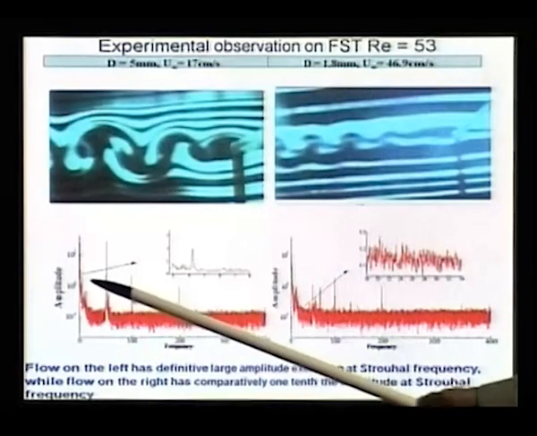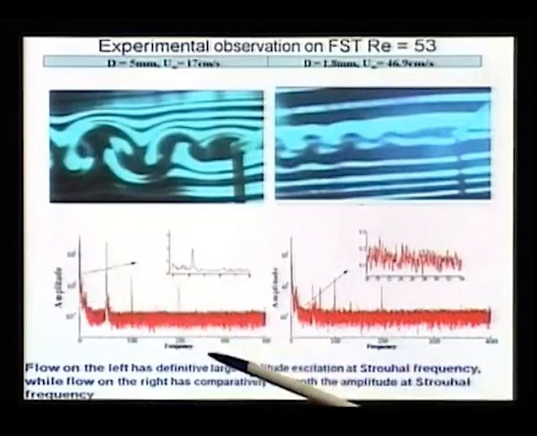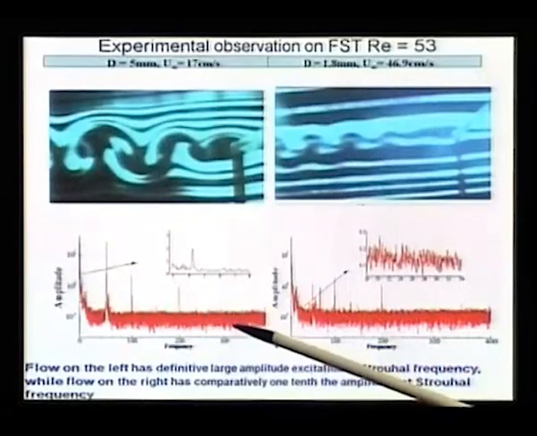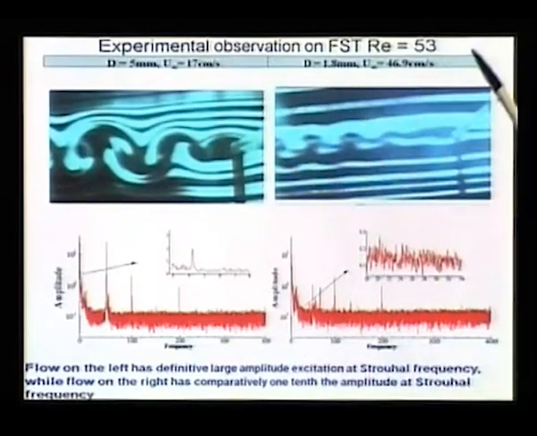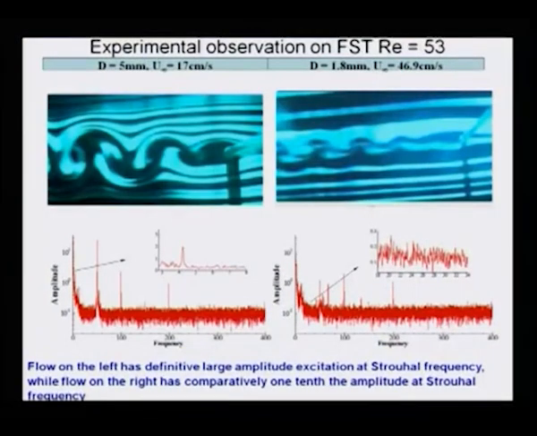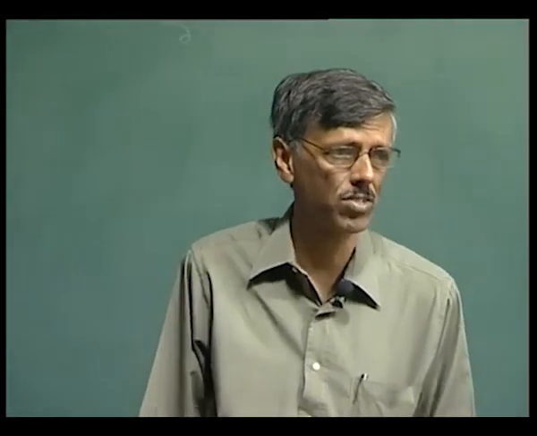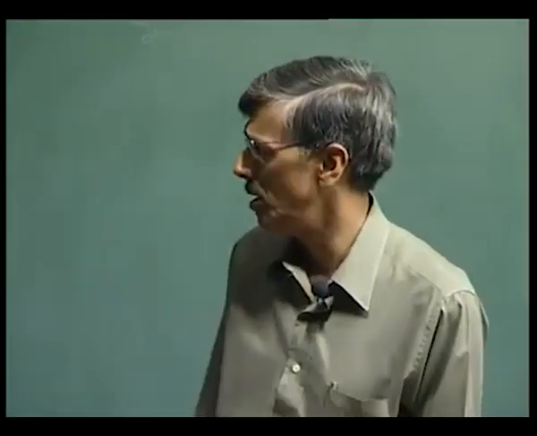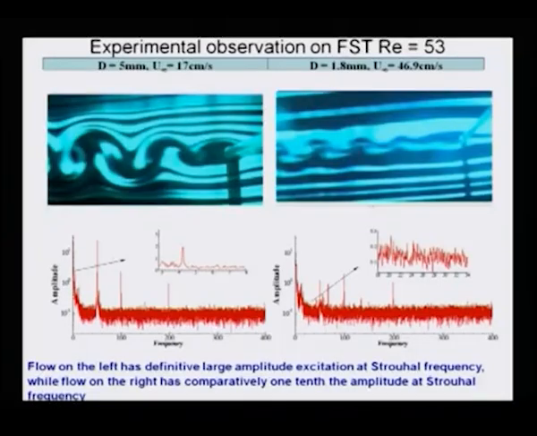So, what we have shown is the amplitude versus frequency of the noise. What we also know from lots of experiments done over the years is that people have collected the data and found the Strouhal number, the characteristic frequency of flow past a cylinder for this Reynolds number.